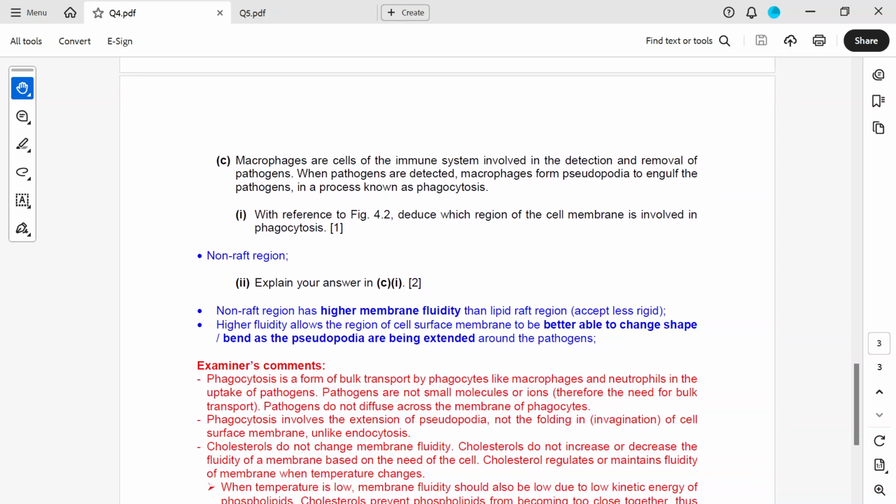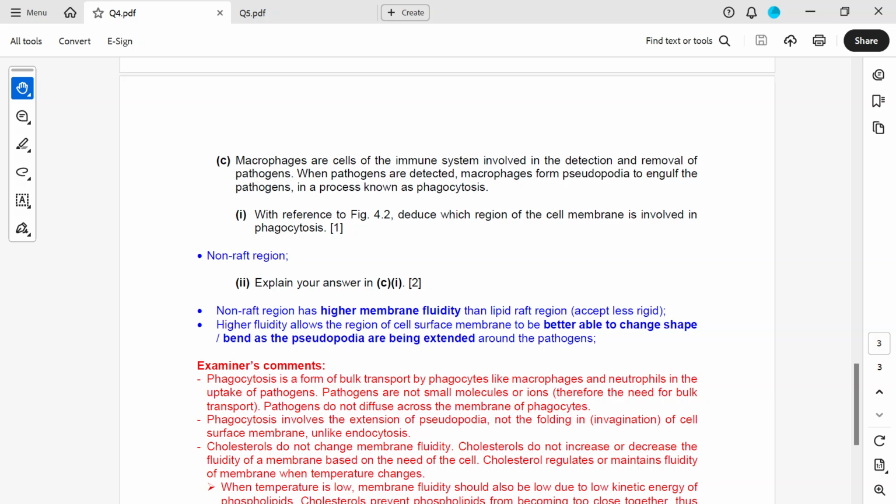So it's not about permeability because pathogens are big. They are not some small molecules or ions. Pathogens don't diffuse across the membrane, no matter how porous or permeable the membrane is. So this is not about looking for a lower permeability so the pathogens don't escape, which is what so many of you have written.